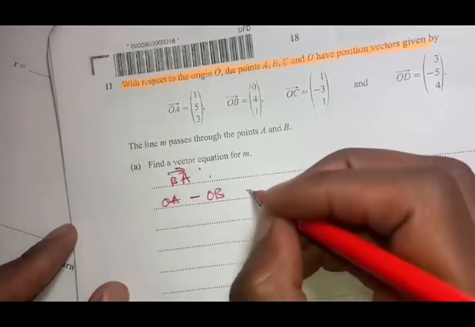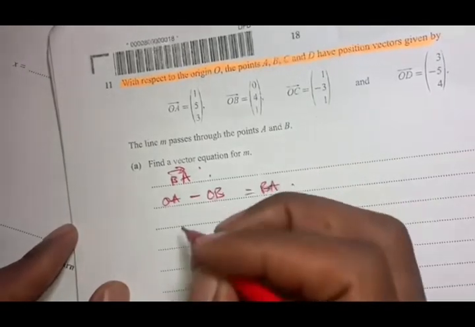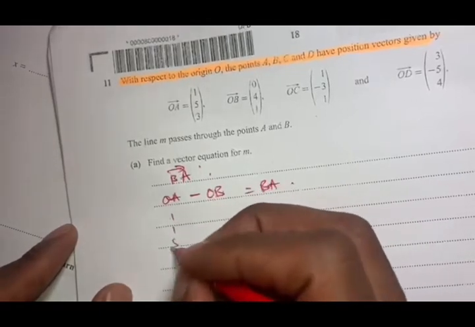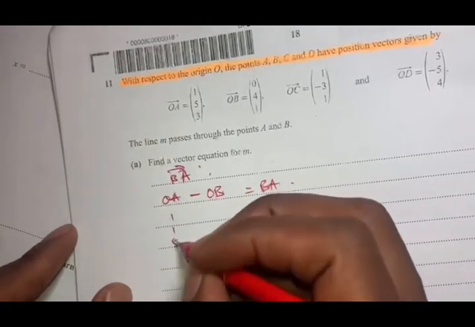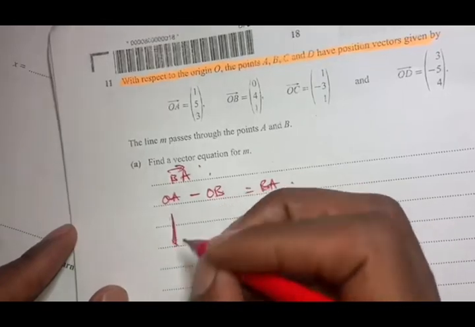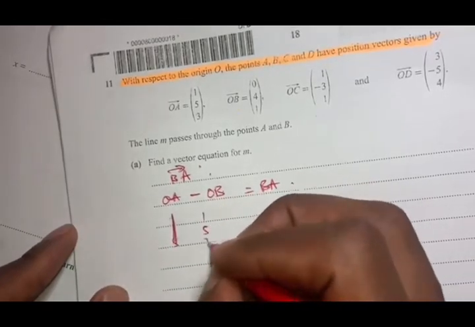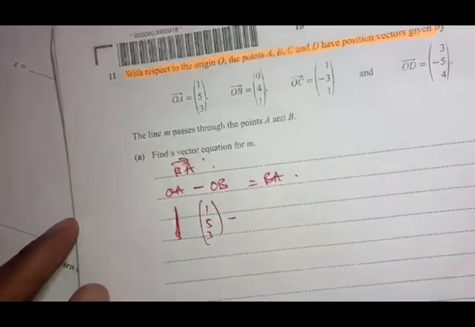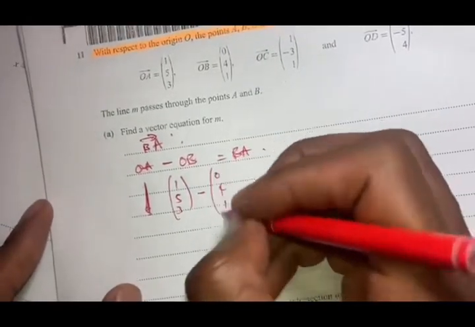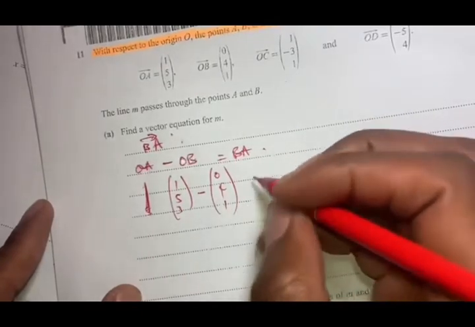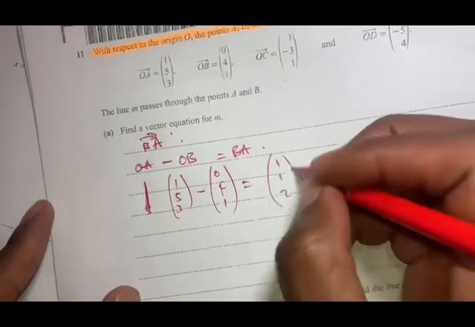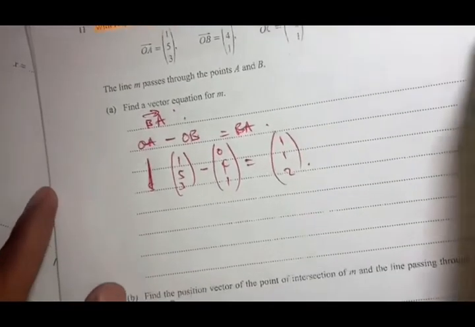Then it will give us BA, which is 1, 5, 3, which is A, minus 0, 4, 1, which is B, to give us the direction vector 1, 1, 2. So that's the direction vector that we have.